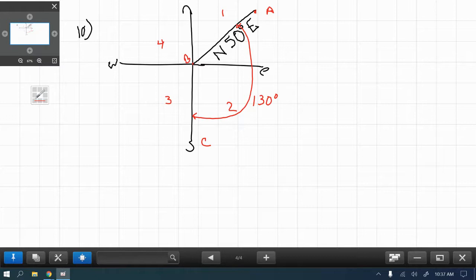The B to A. 1. So that means that's the 50 degrees there.